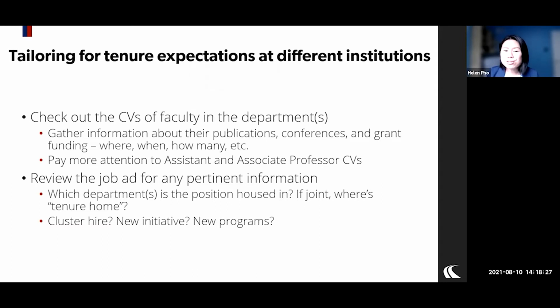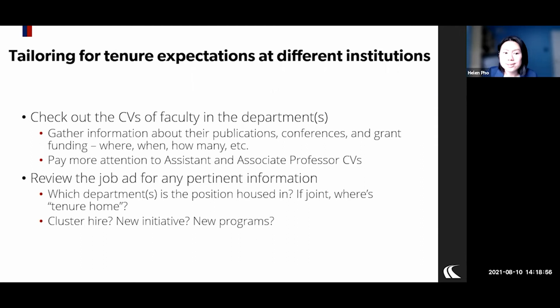The full professor CVs can be a little bit tricky, only because sometimes you might be looking at the CV of a full professor who got their job 20, 25 years ago, where the standards for tenure may have been really different, right? So I would say pay attention more closely to the assistant and associate professor CVs.